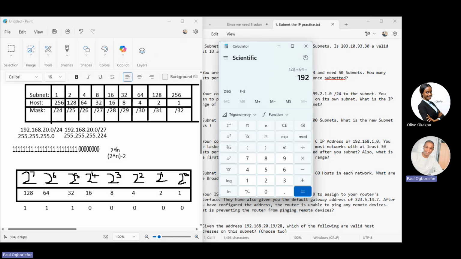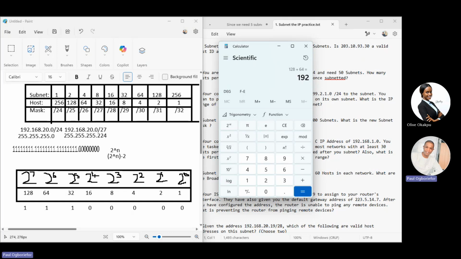Okay, let me teach you one cheat. There are several ways you can know the number of IP addresses available in a particular subnet. Initially, we made use of 2 raised to the power of n. If we want to calculate the total number of networks we are dividing into, the formula is still 2 raised to the power of n.